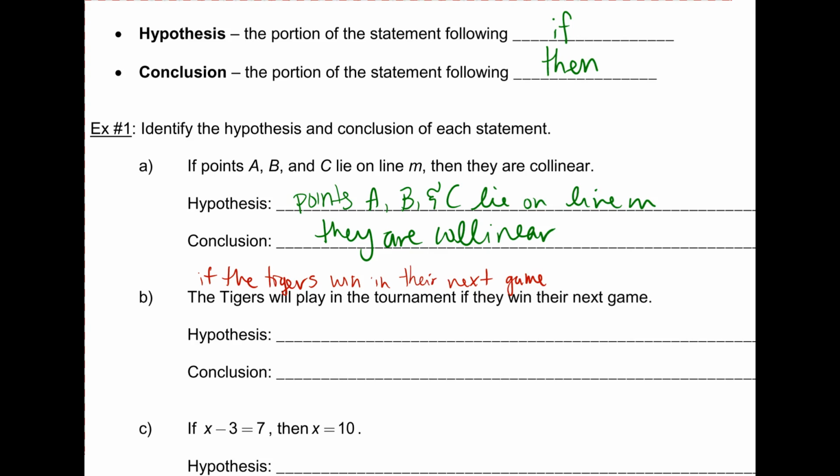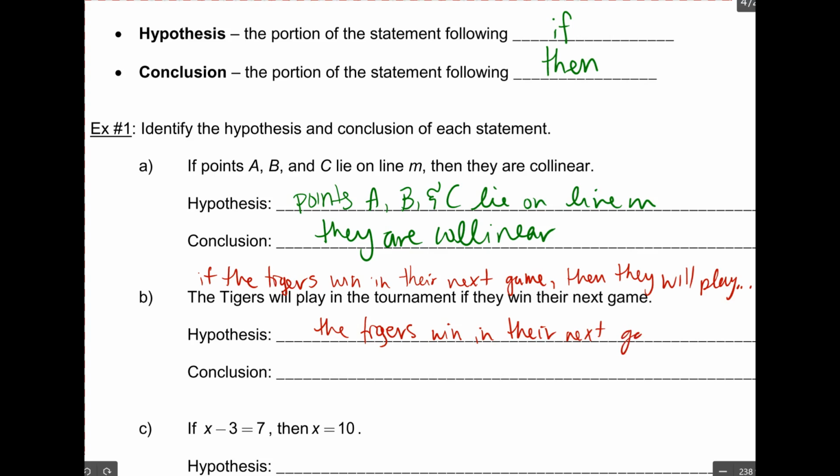All right, so if the Tigers win their next game, then they will play... Okay, so the hypothesis is the Tigers win their next game. The conclusion is they will play in the tournament.